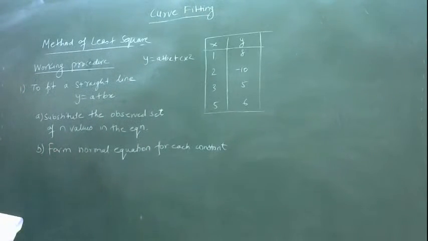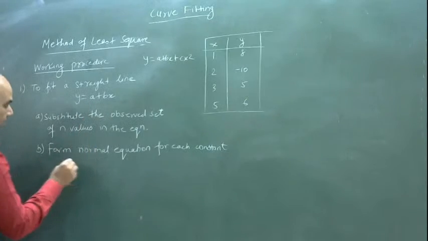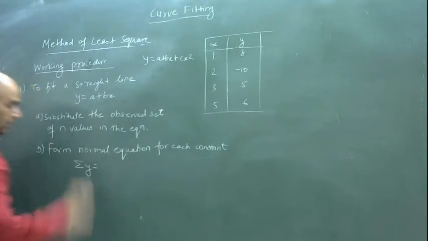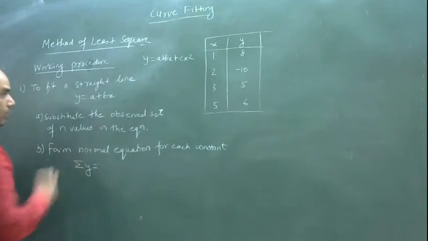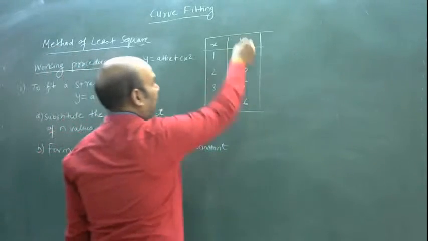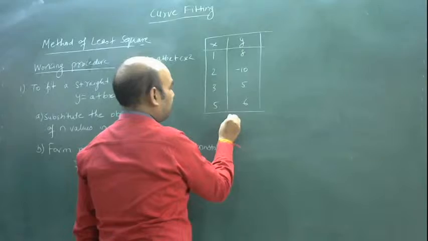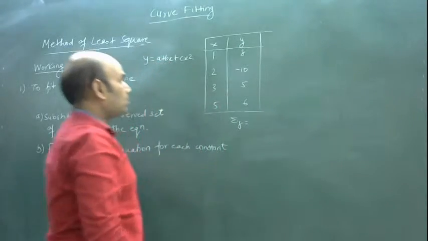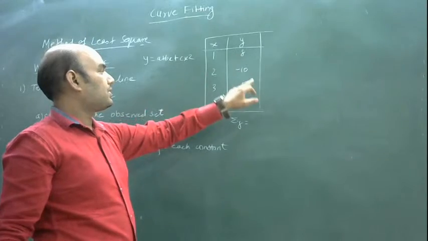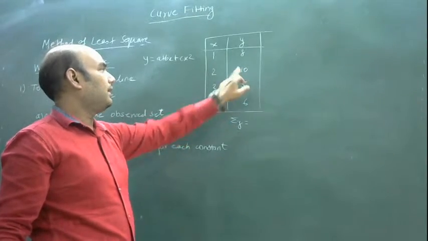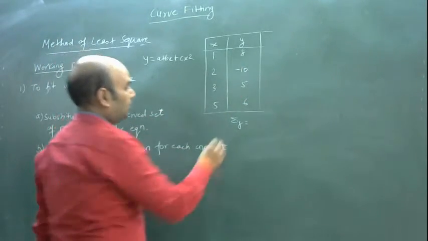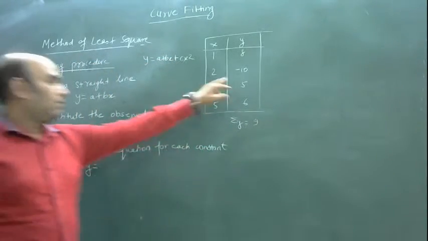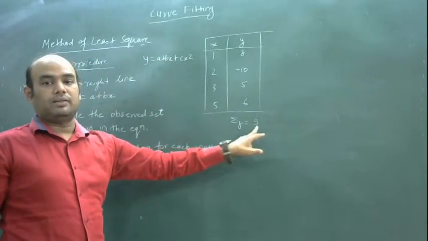This normal equation will be given by summation of y. What is summation of y? You have to sum these values: 11 plus 8 is 19, 19 minus 10 is 9. So in this way we find summation of y, that is 9.